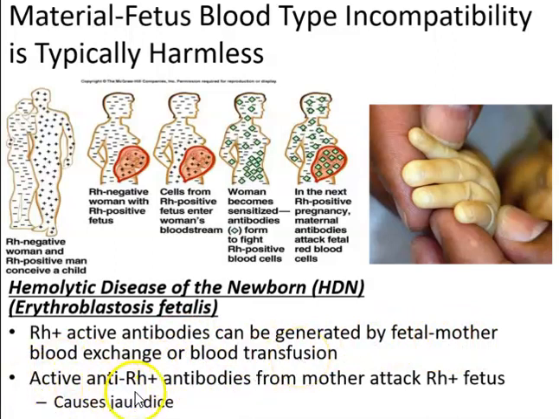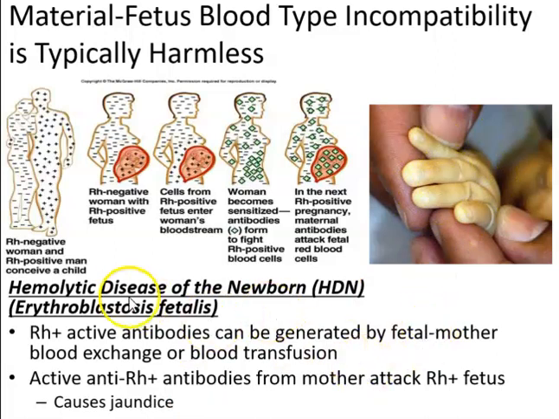So active anti-Rh positive antibodies from the mother will attack the Rh positive fetus and cause jaundice, basically increased destruction of red blood cells. Bilirubin is found in the blood, causing the jaundice within the newborn.